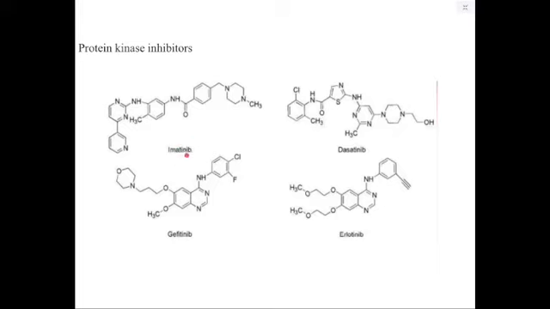If you look at this, you can see they all share the end here. Normally when drugs have some similarity in their naming, it either means they have some structural similarity or they have similar mode of action. There's something they must share.